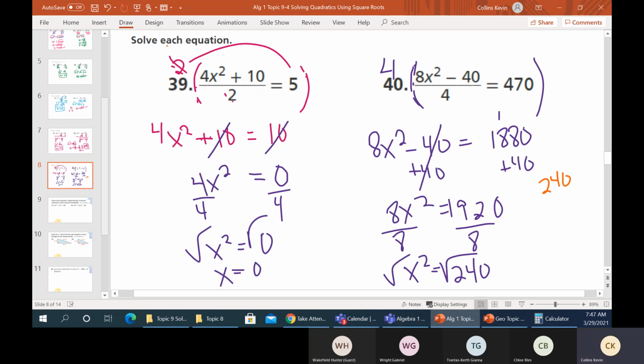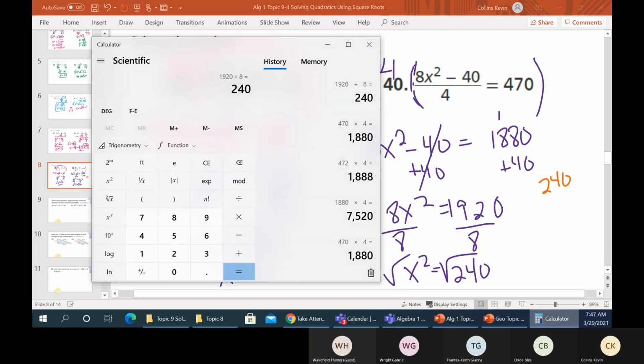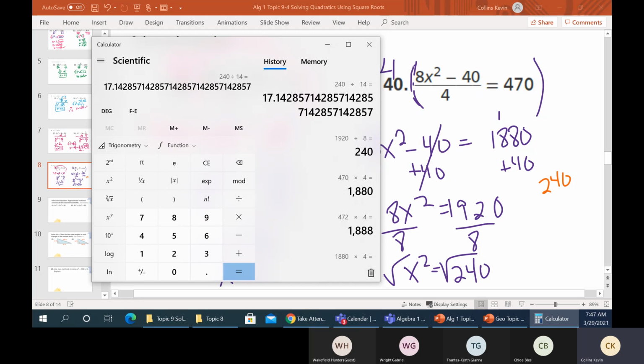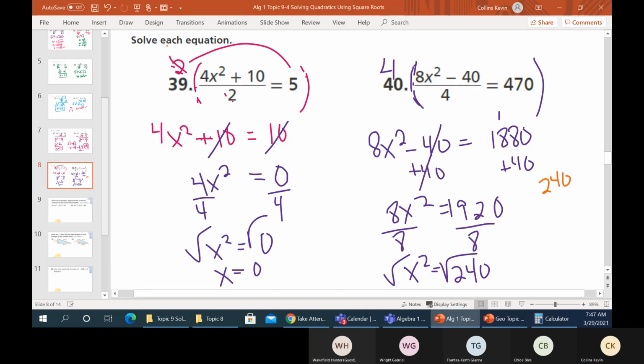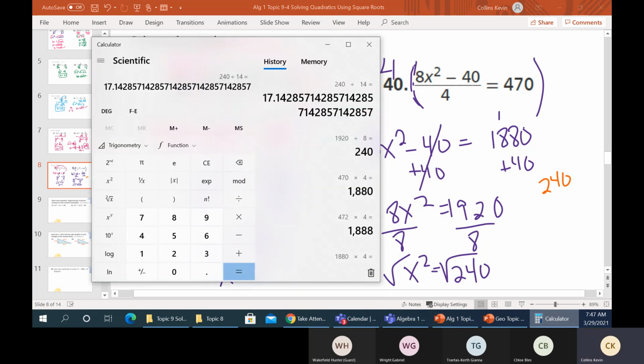I don't know if 14 goes. Let's check it out. 240 divided by 14. Nope, that one doesn't work. What's another possibility? 16? Let's check it out. That would be good because 16 is a perfect square, isn't it?